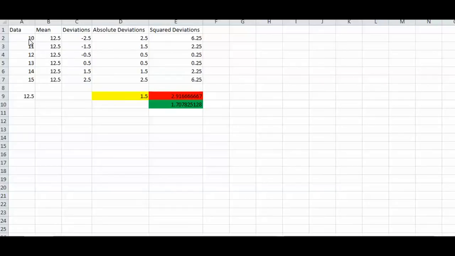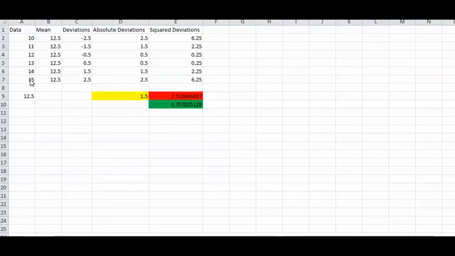Instead of it being 10 minus 12.5, it'll be 5 minus 12.5. So since this number will be further from the mean, it'll give us a bigger deviation right here. And also, if I change this to 20, this data value will be further from the mean of 12.5.